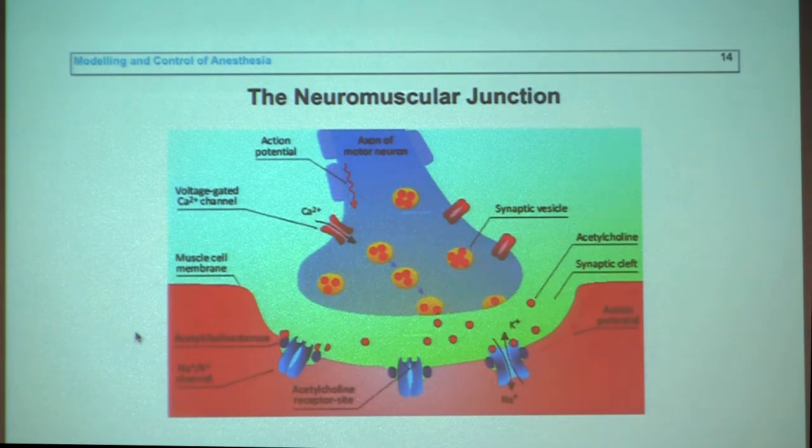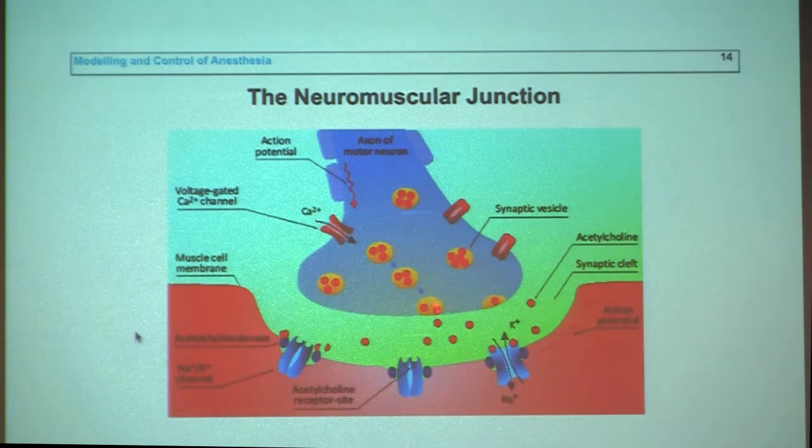And what happens when there is an electrical impulse coming from the axon? This electrical impulse activates these calcium channels that you see here, 3, but there are many more.